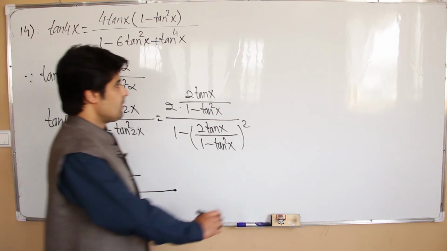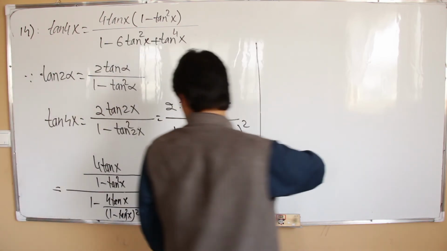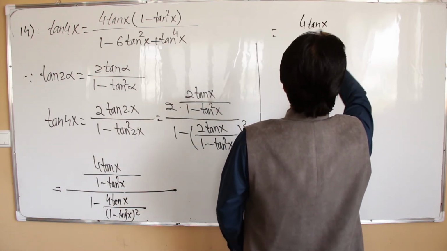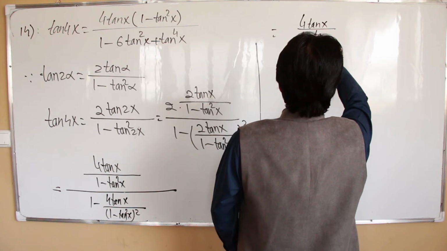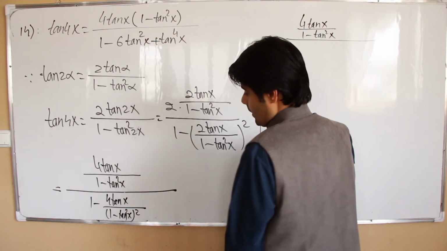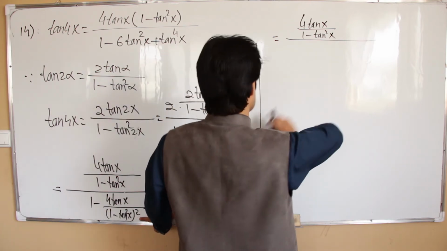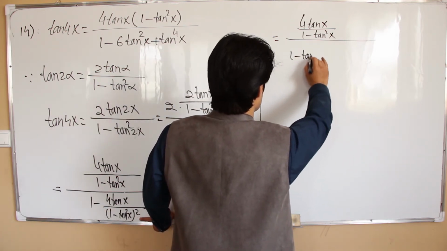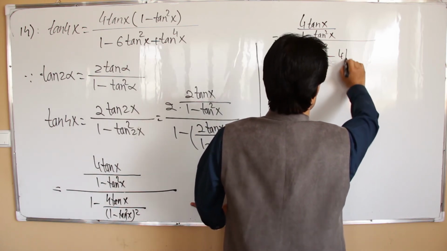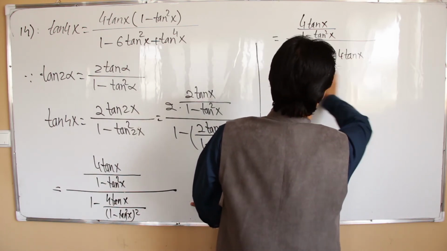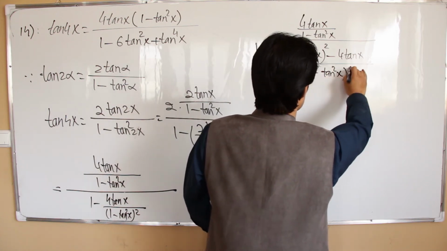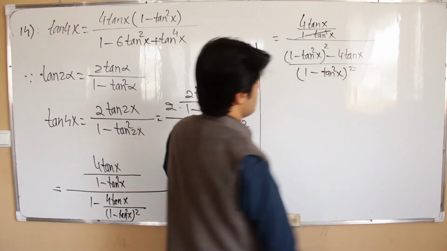Now if you simplify this one, what would you have? 4 tangent of the x divided by 1 minus tangent square of the x. In here, 1 multiplied with this one, 1 minus tangent square of the x whole square, minus 4 tangent of the x divided by 1 minus tangent square of the x whole square. This is cancelled.